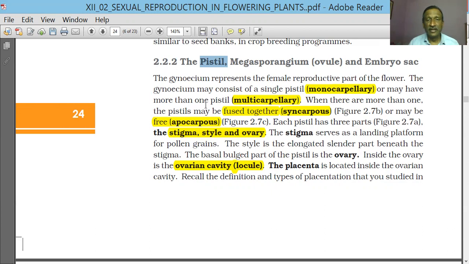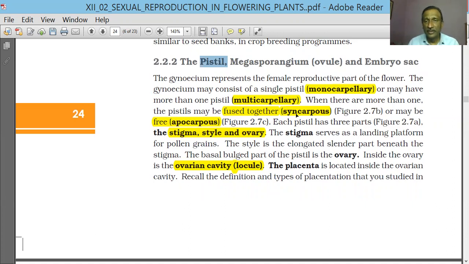And if they are found separated, then they are called apocarpous. When they are grouped together to form one group, that is called monadelphous. If they form two groups, they are called diadelphous. And like that, different conditions will be there.